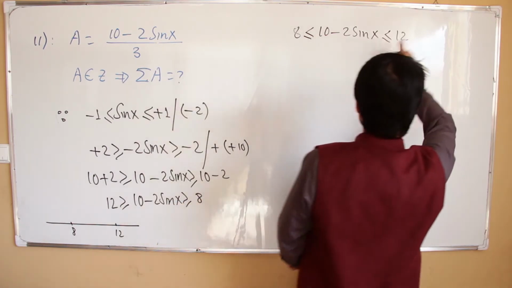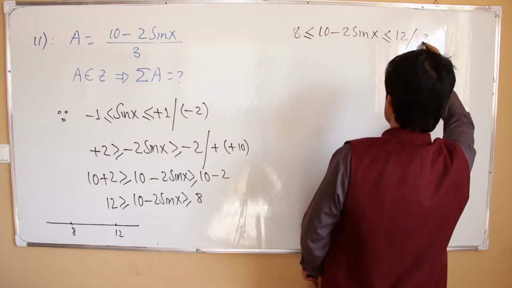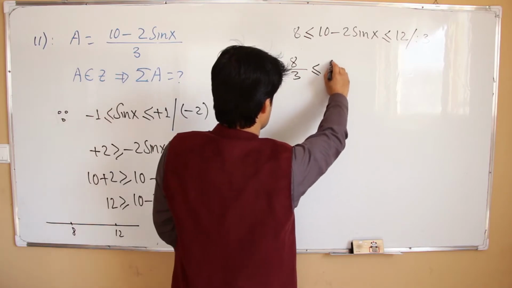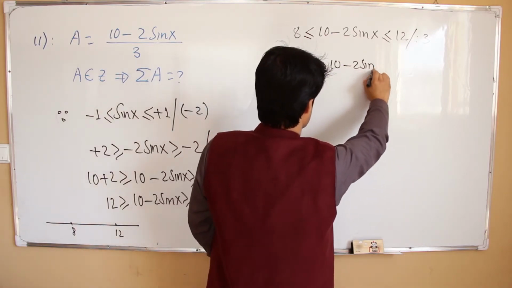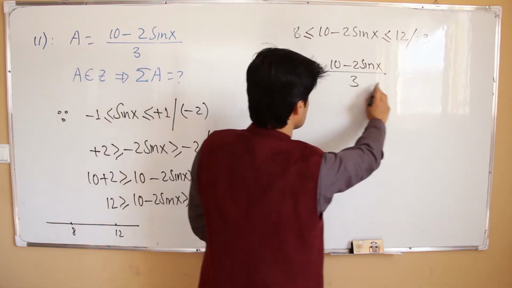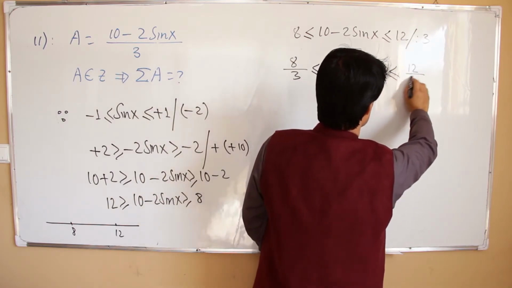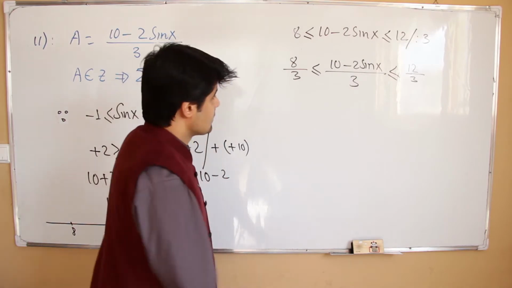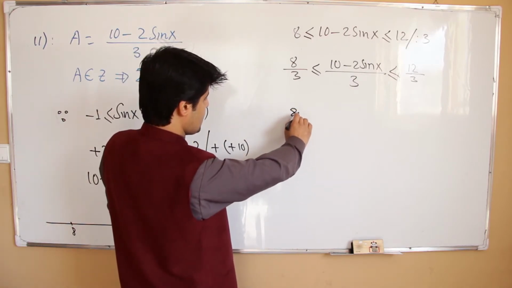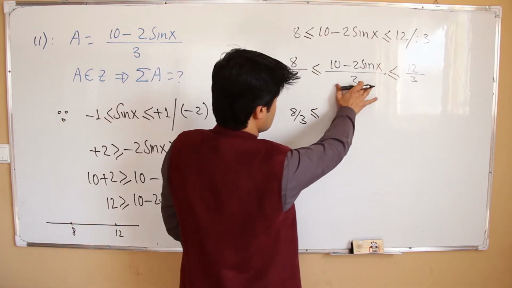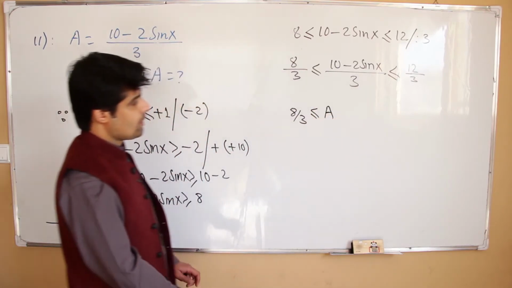So I will divide both sides by 3. It is 8 by 3 is smaller than (10 minus 2 sine x) by 3, and 12 by 3. Instead of this term, can I put A? Yes.